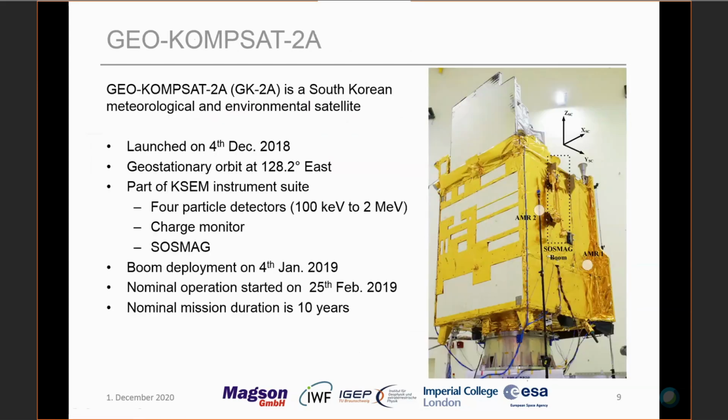I think we have 180 degree deployment, or what is the question? It's the angle, I guess. Yes, you see it in this picture. That is the launch configuration, and after the deployment we have... Sorry, I'm wrong.